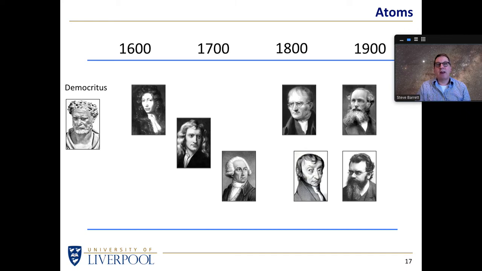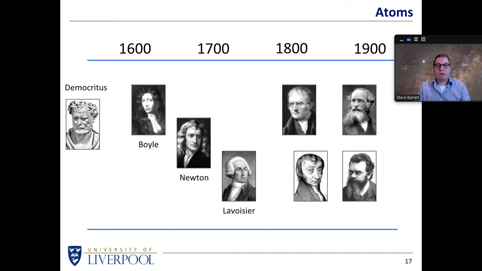But our understanding of what atoms are has progressed over many, many decades. I'm starting here from 1600 to 1900, and then I'll look in a little more detail in just a moment at 1900 onwards. I'm not going to go through all the contributions of these people in terms of what they did, but perhaps you may or may not recognise some of the faces that I've got here. So we start with Boyle, and then perhaps you recognise Newton.